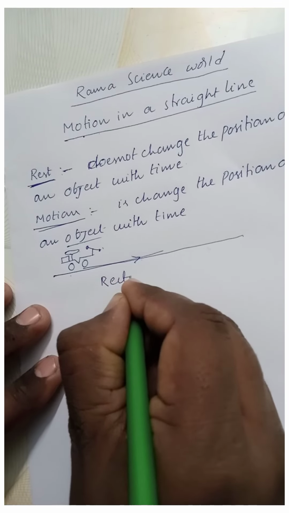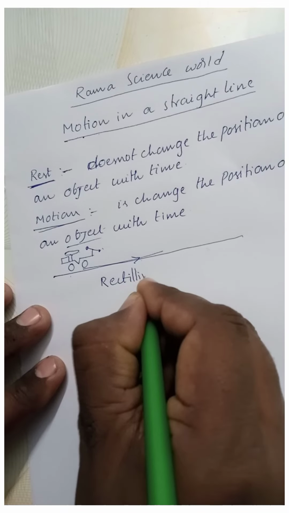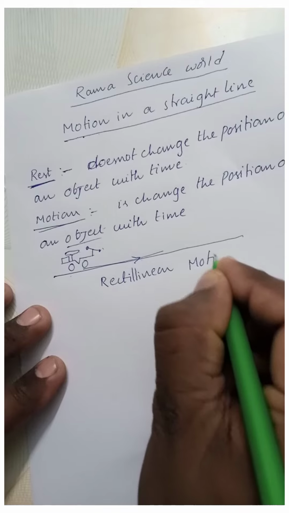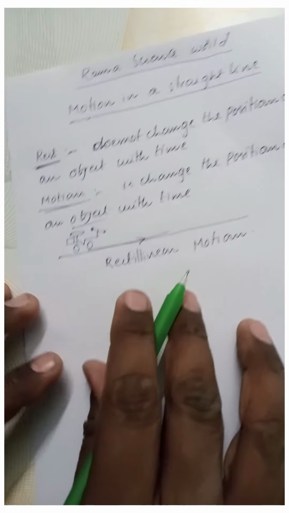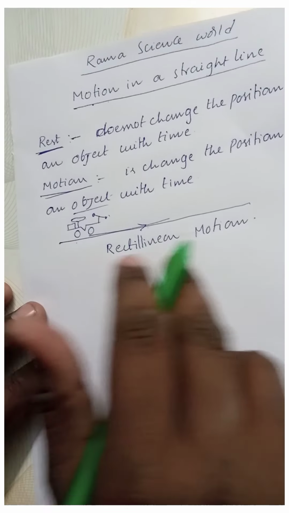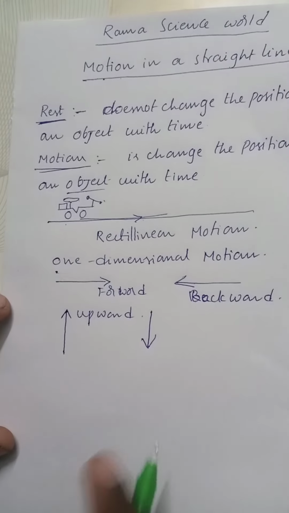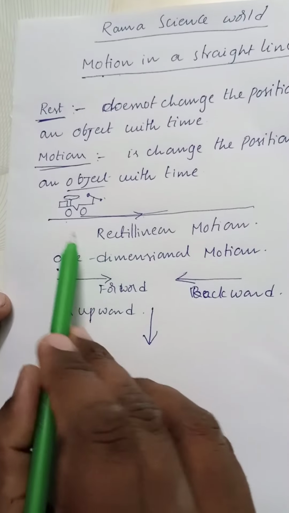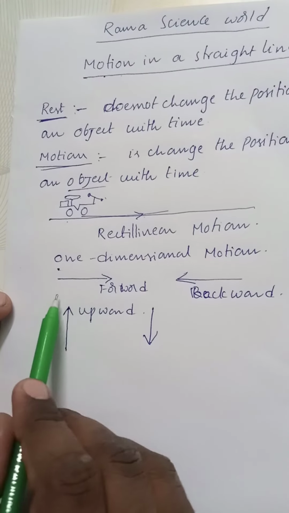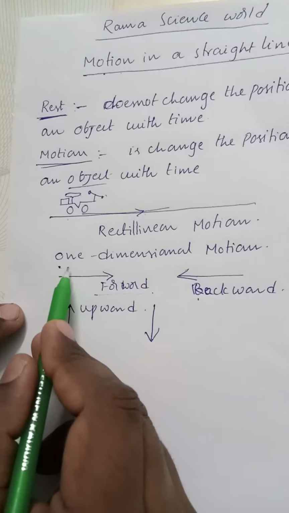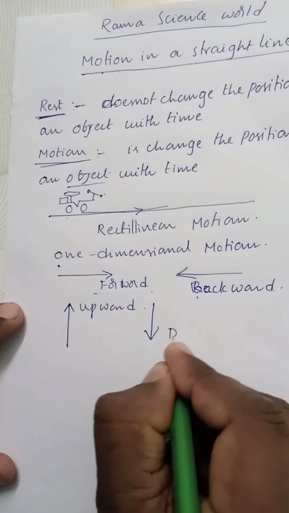Rectilinear motion or straight line motion is also called one dimensional motion. This motion is only in the forward direction, backward direction, upward direction or downward direction.